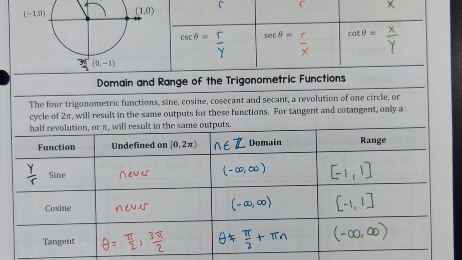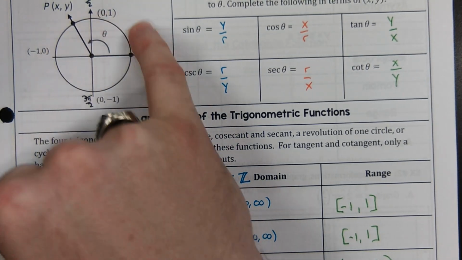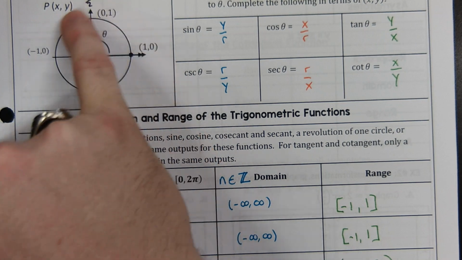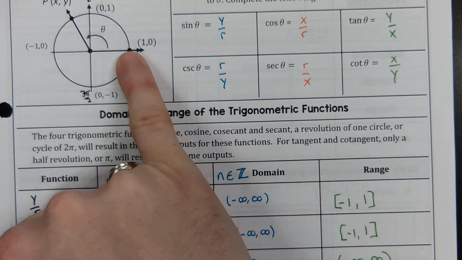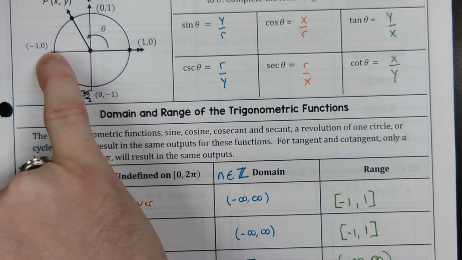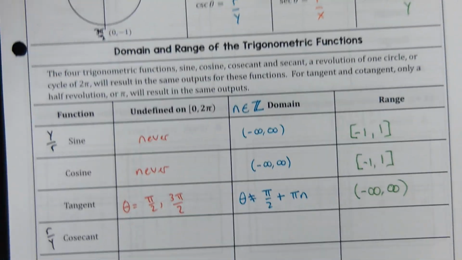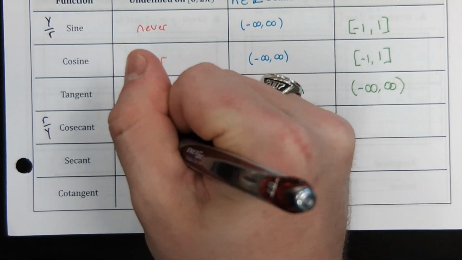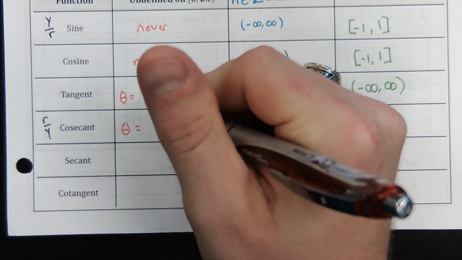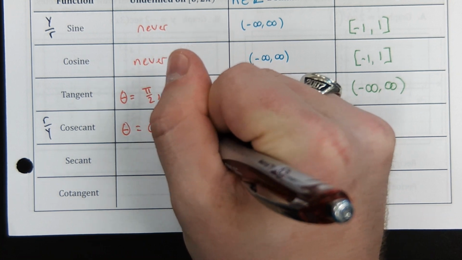So if you look back up here to this unit circle, where on here is y equal to 0? On the x-axis, which would be 0 and pi. And we're not going to include 2 pi because it's got parentheses. So we are undefined when theta is 0 and pi.